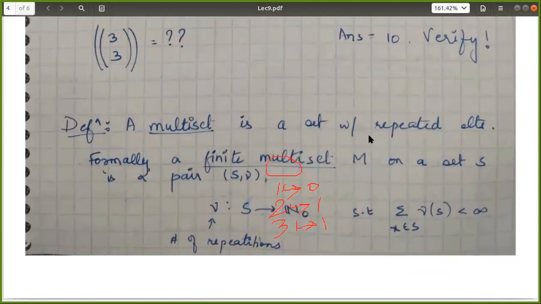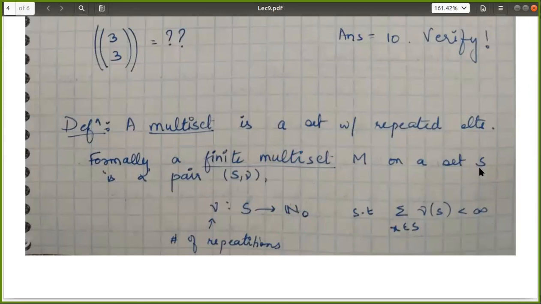But we are not putting any restriction on the set S. For instance, this S could be N itself. So to keep this condition intact is necessary to make sense of a finite multiset, because I don't know what set I'm going to work with.